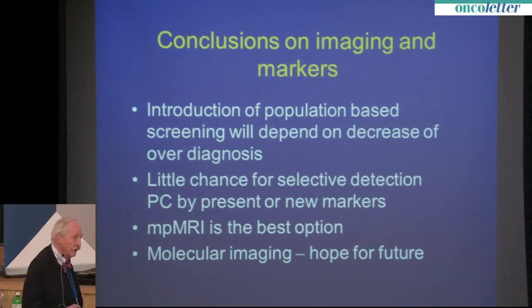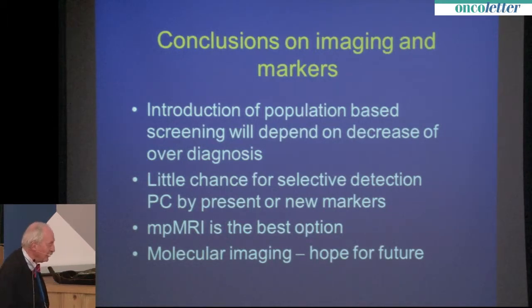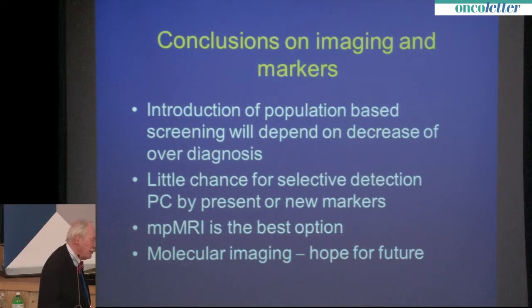New markers are on the horizon, but they will need time to be developed, and it will have to be shown to be superior, preferably by adding them to the risk calculator and seeing whether they lead to a significant increase in the predictions of the present risk calculator. The multiparametric MRI, in my view, is the best future option, and molecular imaging is for the future.